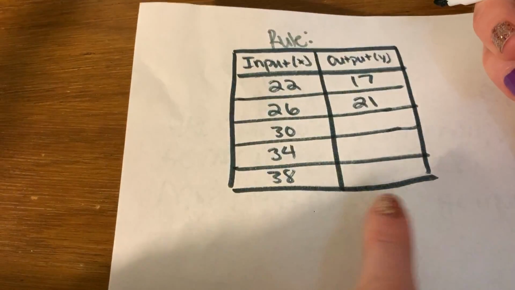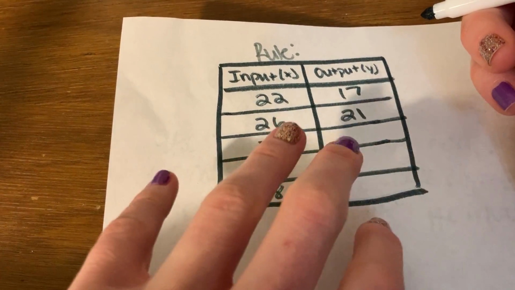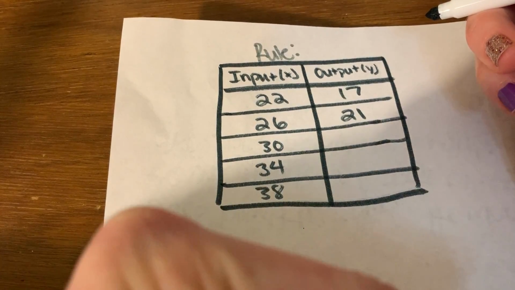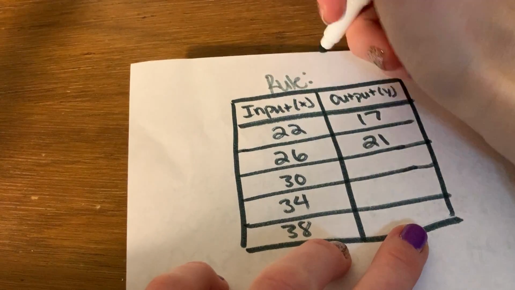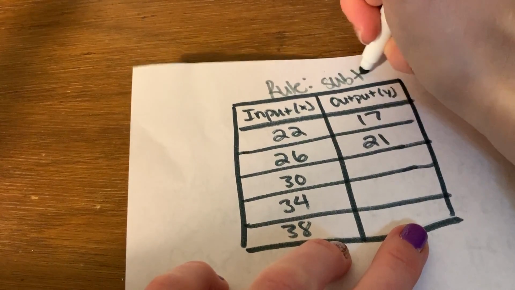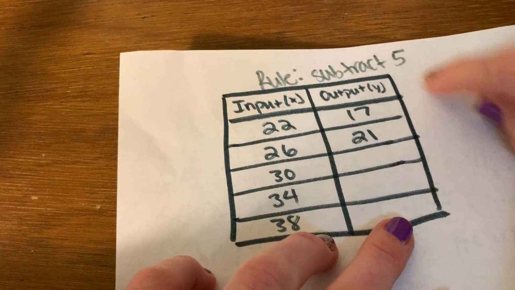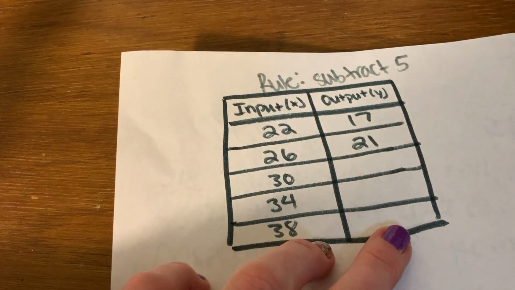So when I ask for the rule written as an equation, I do not mean the rule is "subtract 5." That is not an equation, okay?